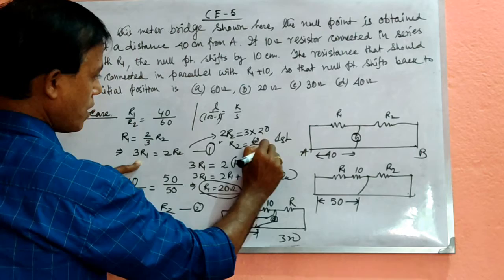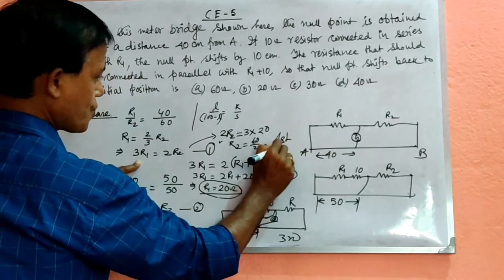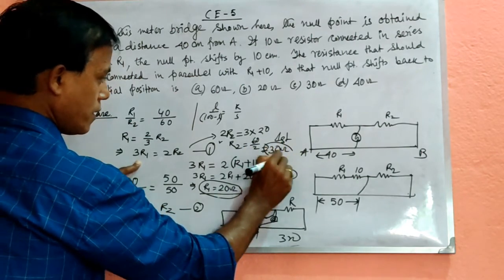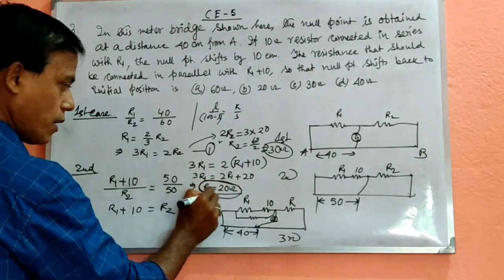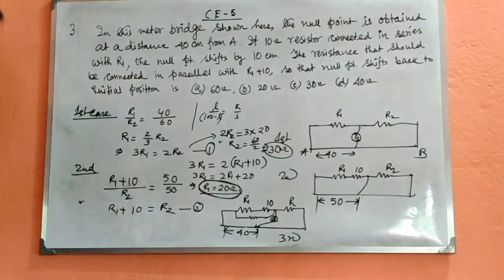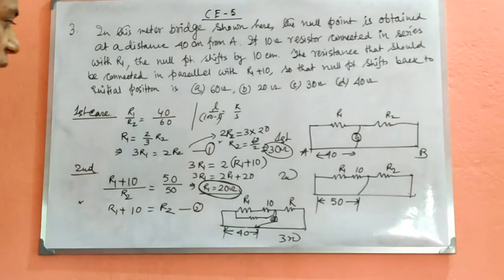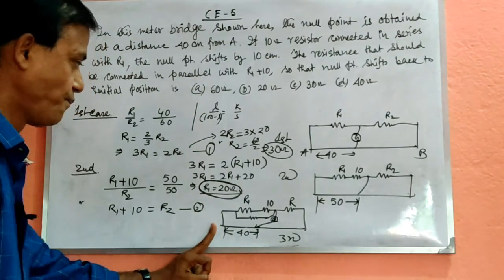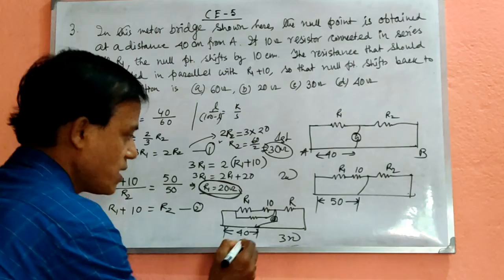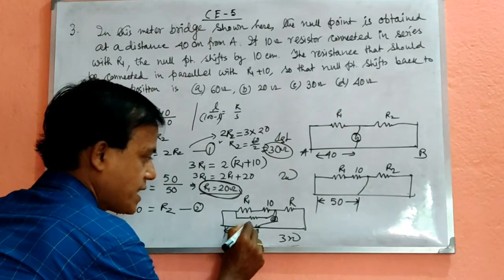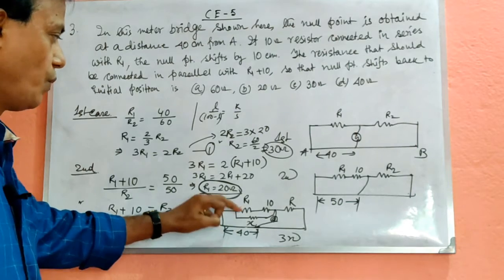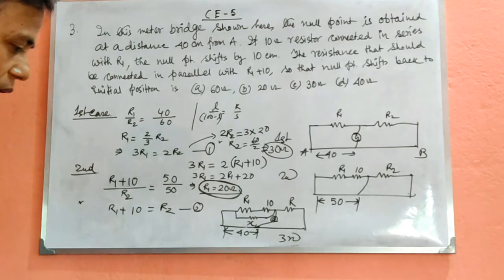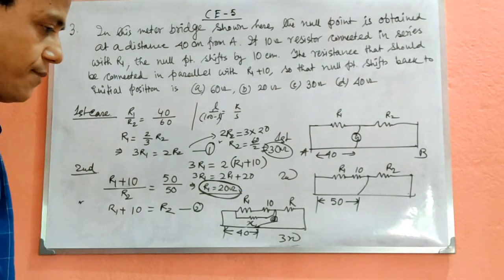It comes 30 ohms. This is the value of R2 and this is the value of R1. Now in the third case, let us consider a resistance X connected in parallel with R1 plus 10.